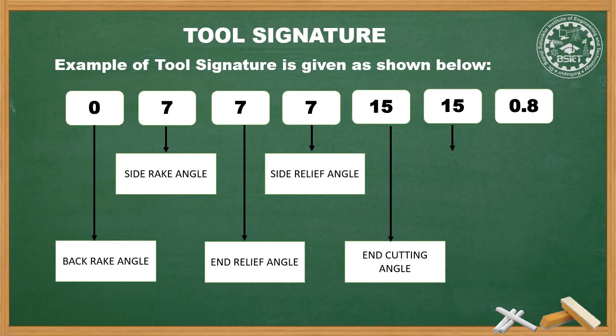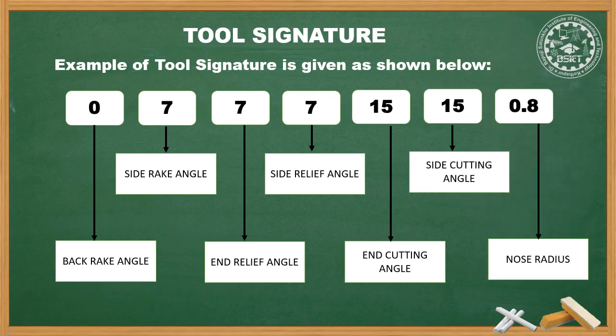Then 15 degrees again is side cutting angle, and the last is the nose radius, which is 0.8 mm, measured in mm. Example of tool signature as shown has been asked in previous examination for MSBTE question papers. Please note down how the tool signature is given, and you are expected to write the tool signature for the single point cutting tool.